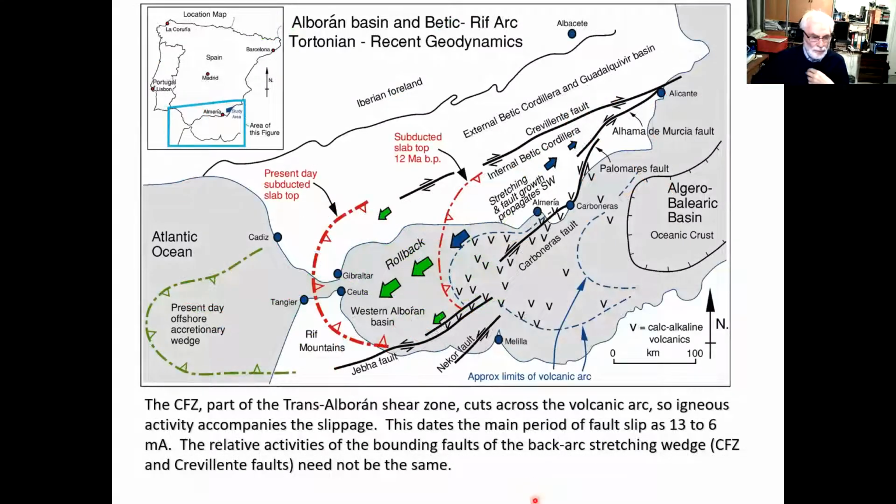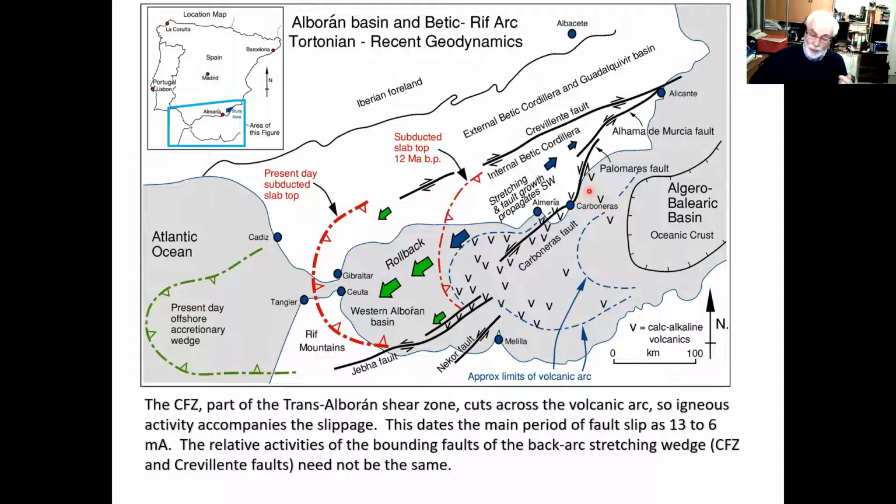So I mentioned before that the Transalpine shear zone, and particularly the Carboneras fault, this particular part, is cutting through the volcanic arc. So we see that volcanic activity, on geological grounds, cross-cutting relationships, accompanies the movement on the fault.